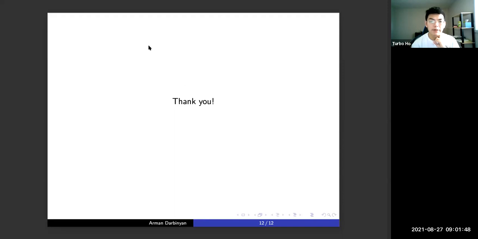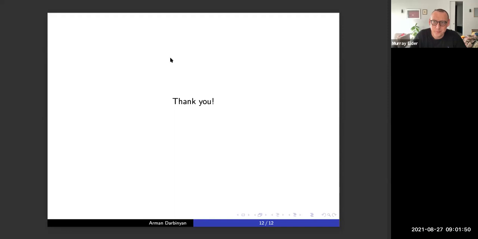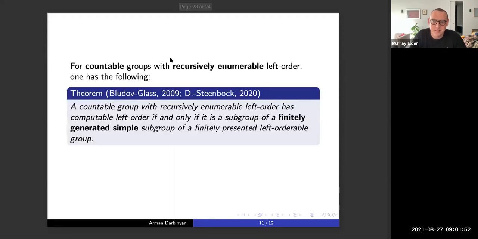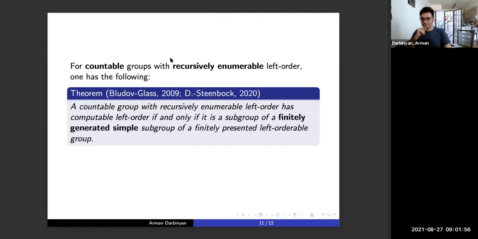One. Go ahead. That last theorem, is the group in question Thompson group V? In this theorem? Yeah. No, actually, to obtain this theorem, we use Thompson's group F, but it is used in a not straightforward way.